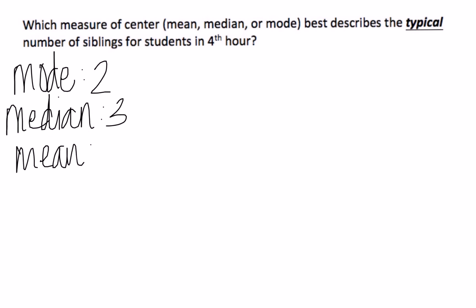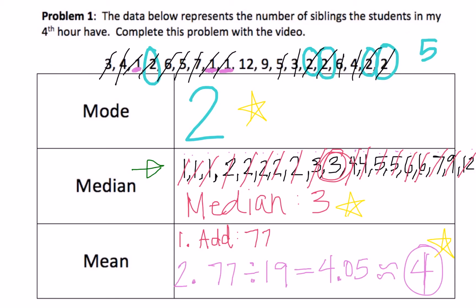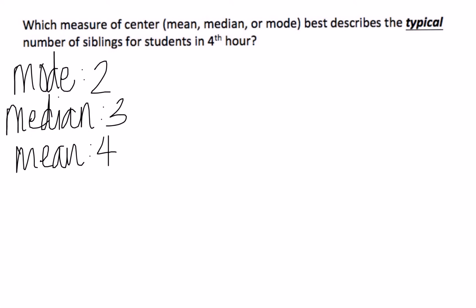I'm writing them here so I don't forget. Okay. Which measure of center best describes the typical number of siblings for students in 4th hour? So if you looked at this data from 4th hour, which one of these, 2, 3, or 4, best describes like the average or the typical number of siblings?